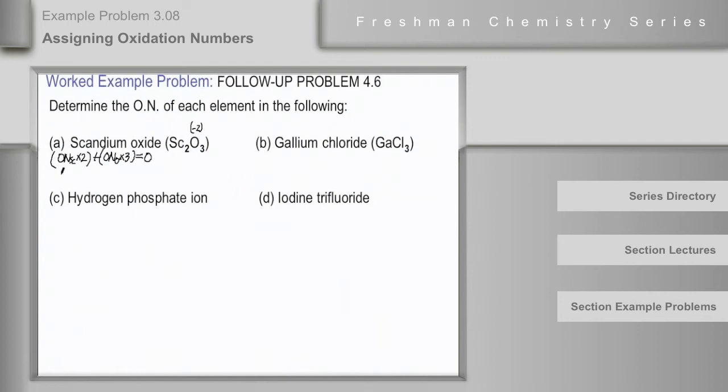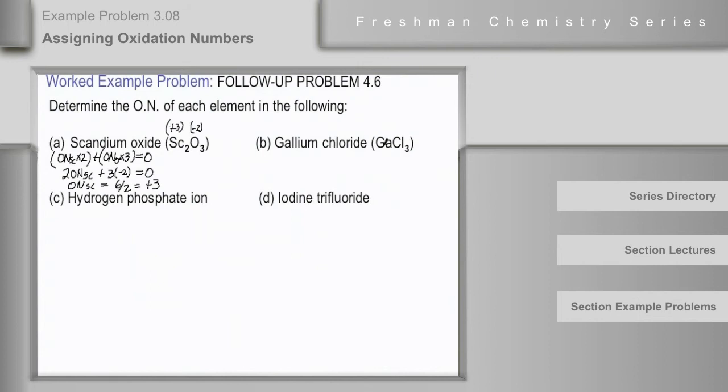So we can say then that 2 times the oxidation number of scandium plus 3 times -2 is equal to 0, and therefore 2 times the oxidation number of scandium is equal to 6. And we take this -6 over on the right side and change the sign, divided by 2, and this will be +3. The oxidation number of scandium in this compound will be +3.